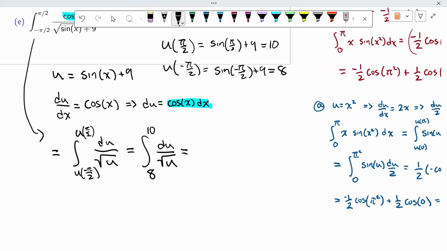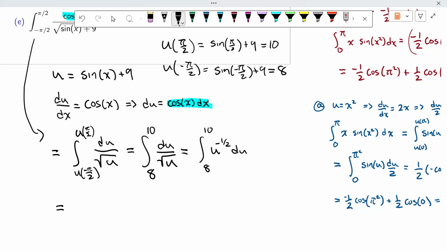Now, any ideas on how to do this integral? I mean, that square root of u in the denominator doesn't look much better. Yeah, u to the -1/2, that's the way to go, right? So we'll do u to the -1/2 du from 10 to 8.